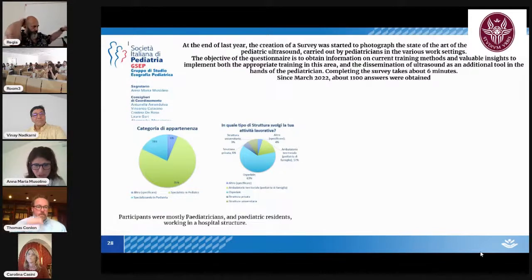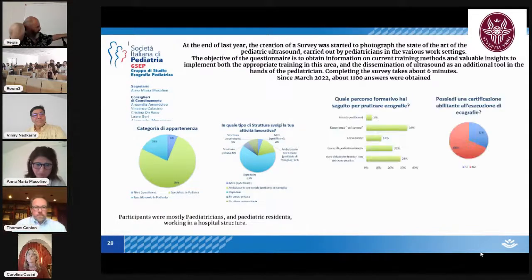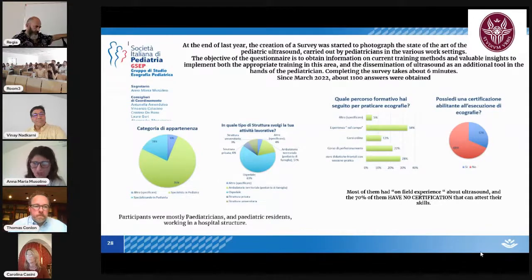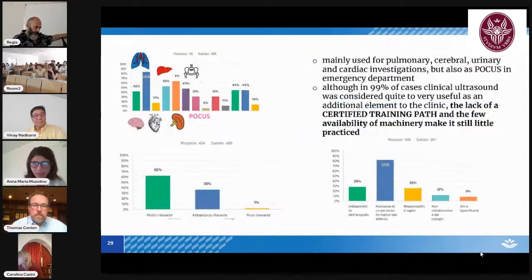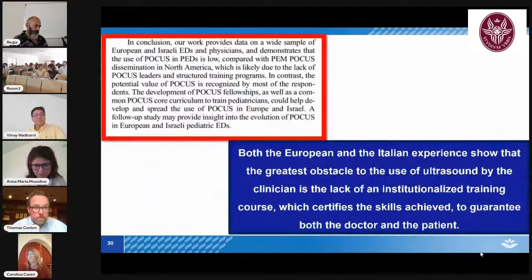Participants were pediatricians and pediatric residents in different hospital structures and different settings. And although in 90% of cases clinical ultrasound was considered quite to very useful as an additional element to the clinic, the lack of a certified training path and the low availability of machinery keep it little practiced, too little practiced.